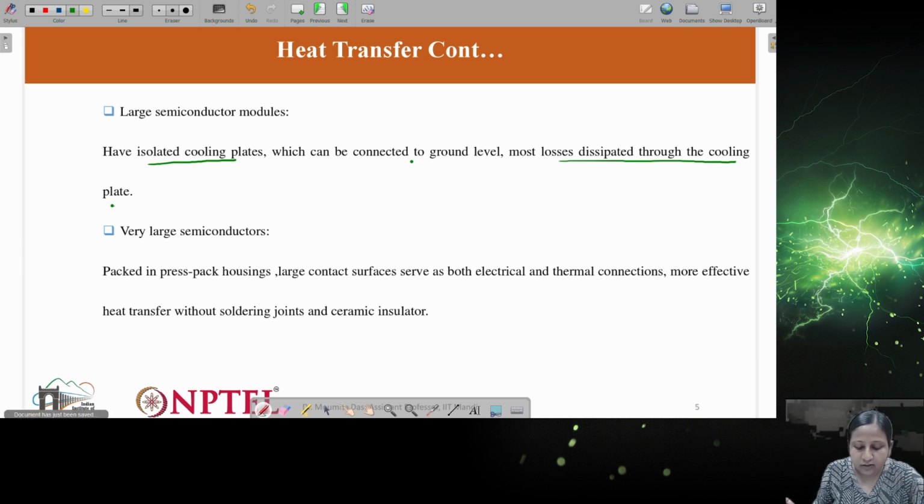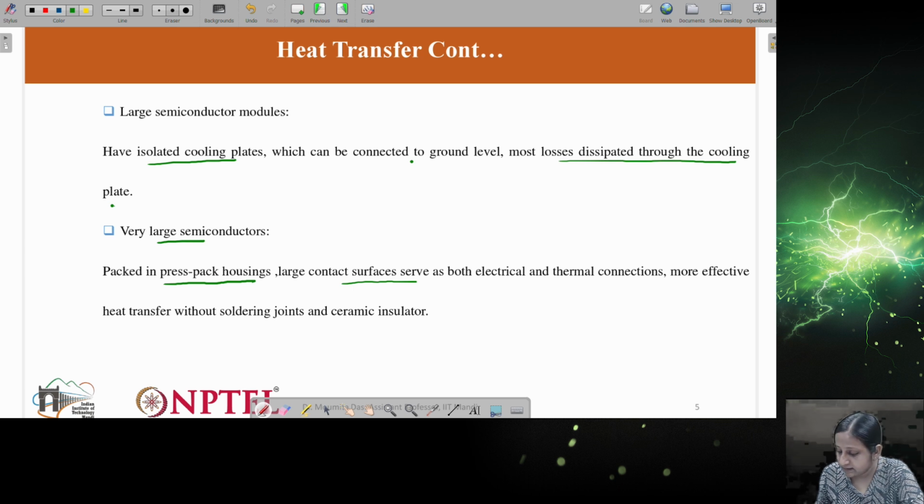Now, if very large semiconductors are there, they will definitely have a provision for connecting a heatsink. These are packed in press pack housing. The large contact surface serves both electrical and thermal connections, with more effective heat transfer without soldering joints or ceramic insulator.